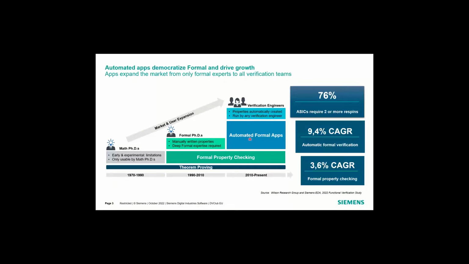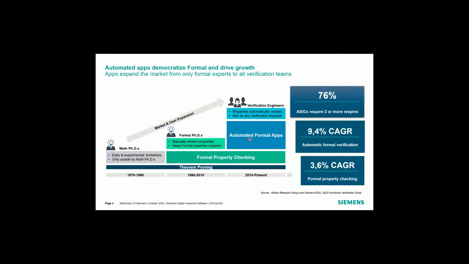So starting with the technology that we're going to use for running our automatic checks, it's formal technology. As you know, in the olden days, formal technology was still the realm of engineers that hold math PhDs, and so they had to go and create their own programs to perform model checking.